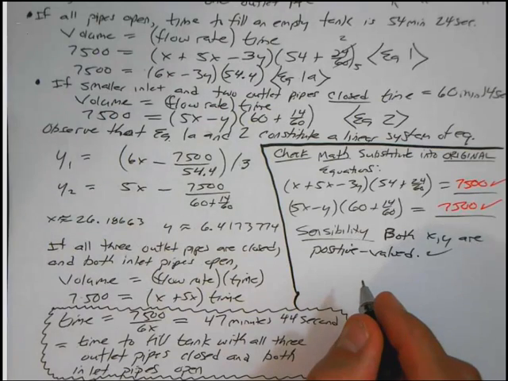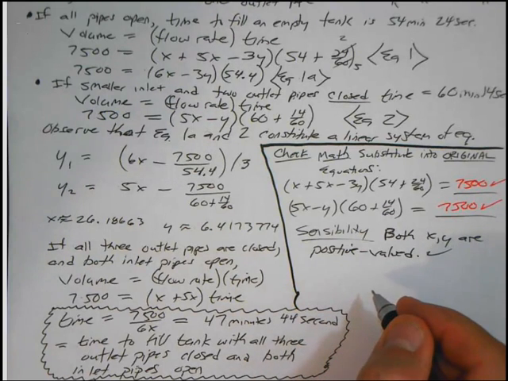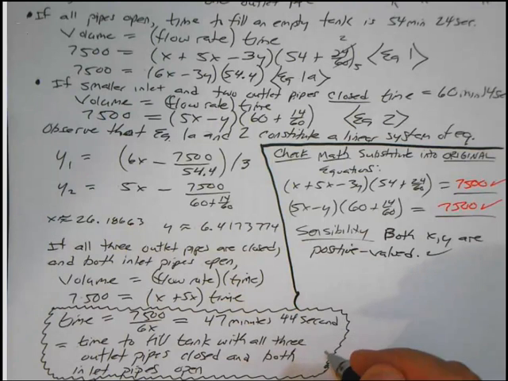Another thing, what about this final number here, 47 minutes 44 seconds? What should we expect of that? The conditions were all outlet pipes closed and both inlet pipes open.